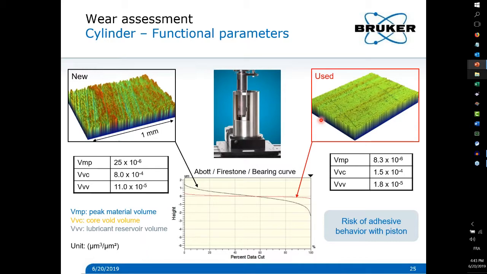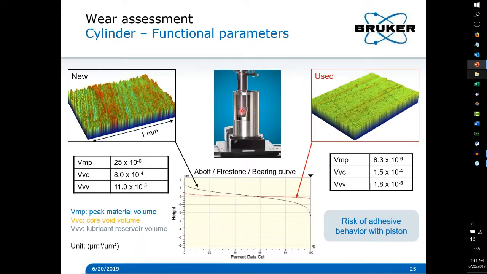To continue with mechanical properties, we can use roughness and correlate this roughness versus the wear and tell when it's time to, let's say, replace a part. The example shown here is about the cylinder inside the engine block.